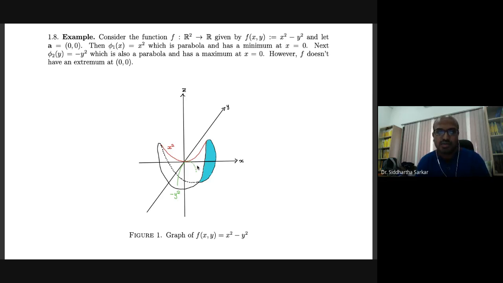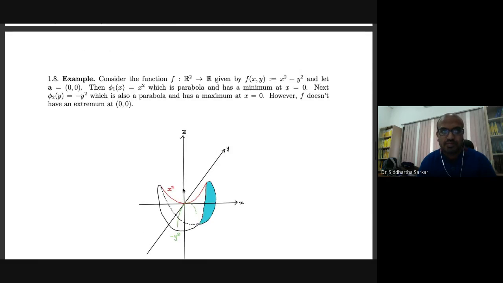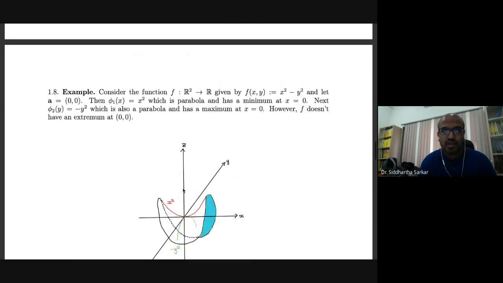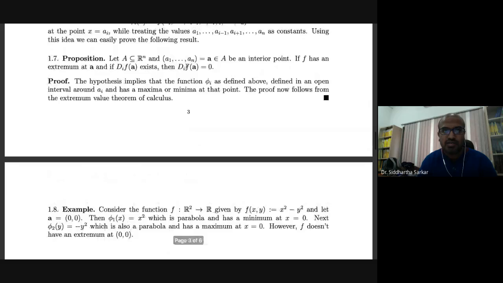That shows that the function neither has a maximum nor a minimum, so it's not an extremum. So that immediately tells you that DiFA being guaranteed to be 0, and existing, doesn't guarantee that f has an extremum at that point.